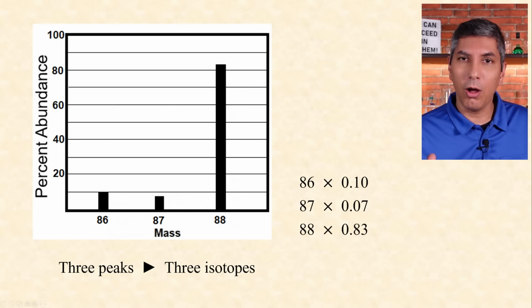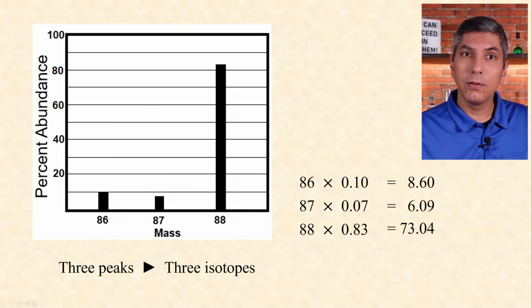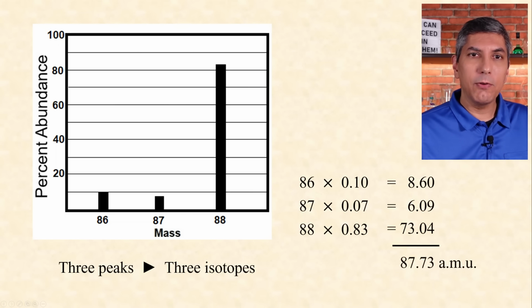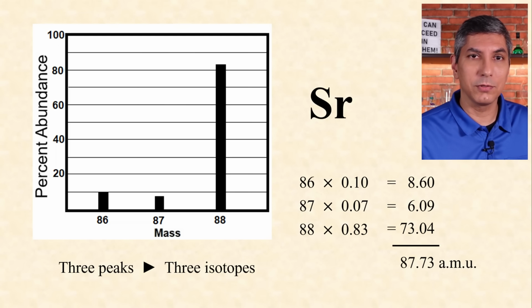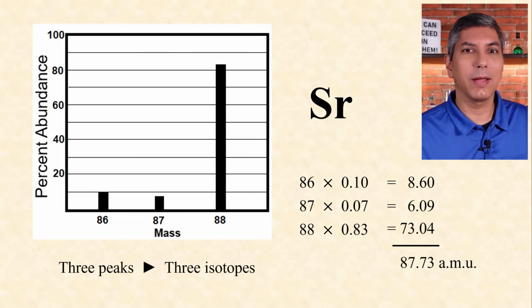We multiply all of these and then we add those products together. And we find that the overall weighted average for the element is 87.73 atomic mass units. When we match that up to the periodic table, we find it's very close to the value for strontium. So be able to interpret a mass spectral diagram.